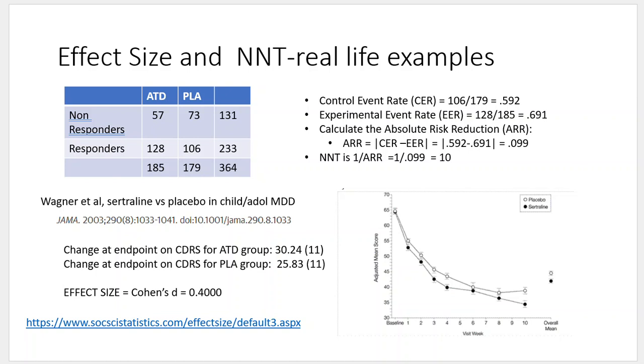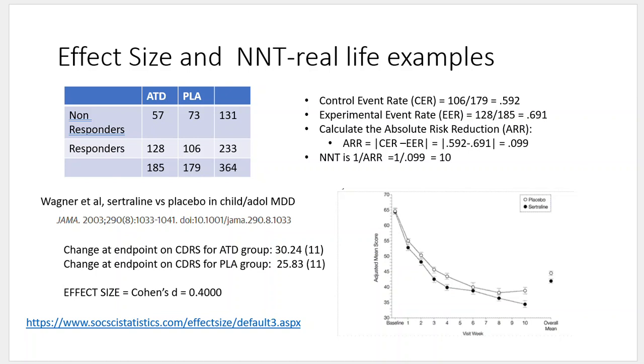Now here's a real life example. So I took a study from Wagner et al. And they randomized 364 people to placebo or sertraline. There's the graph. I looked at the responders and non-responders and plugged the numbers in. So actually from their study, they found an NNT of 10.